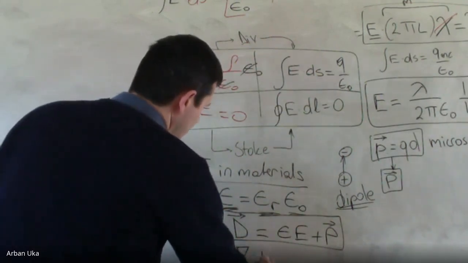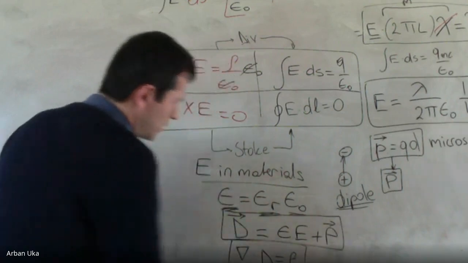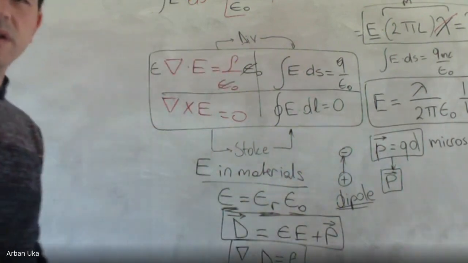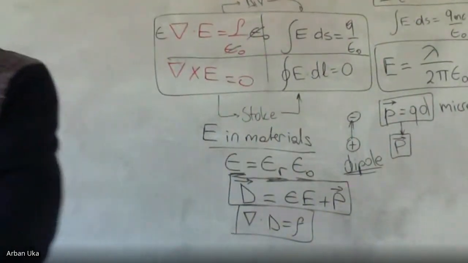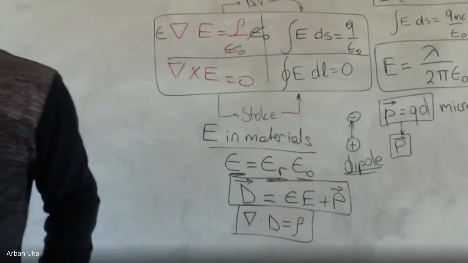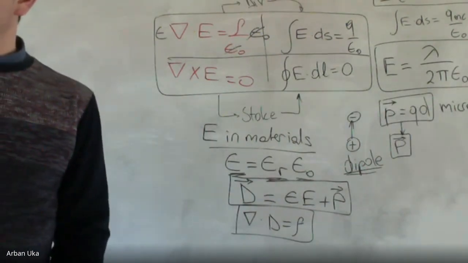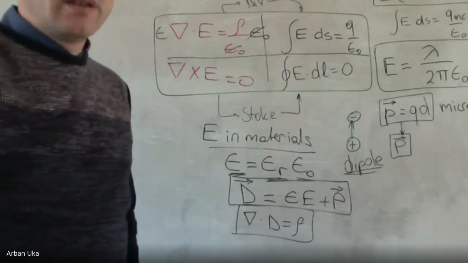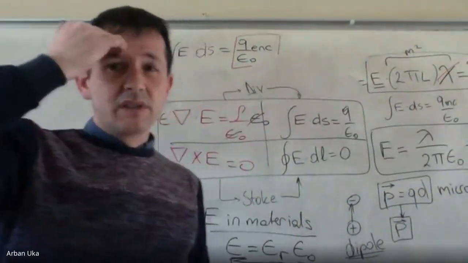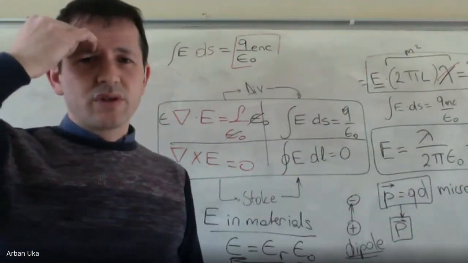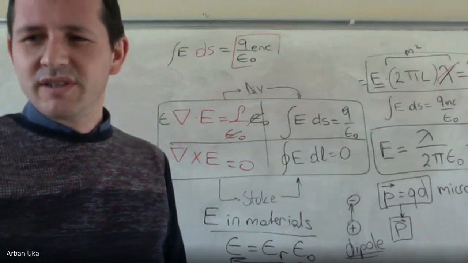The divergence of D is equal to rho. Of course, we're going to cover this in detail, but for now, your task until next time is to go over chapter 3 and to have a look at the examples. And next time we'll start the electric field in materials. Do you have any questions so far, during the whole session?